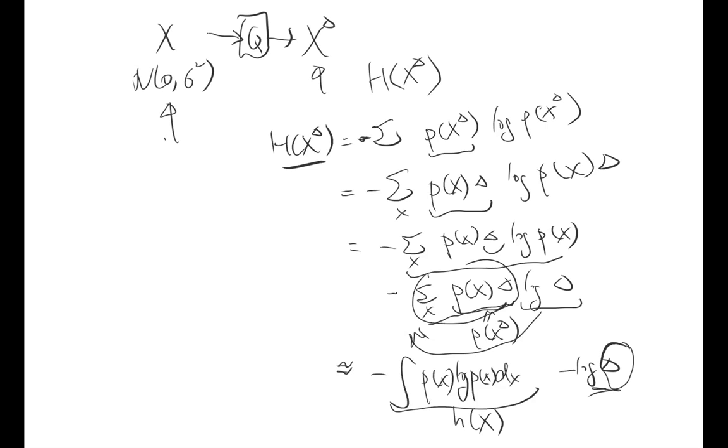So maybe I just write here again: H(X, delta) is approximately equal to H(X) minus log delta. So we can use this to approximate things.